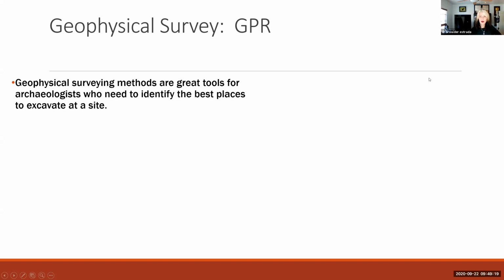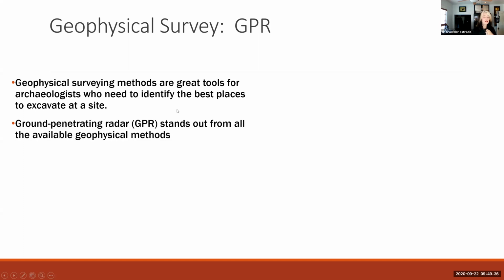Okay, GPR, that'll be our last one for today. So geophysical survey is the general term, and geophysical survey has a number of other techniques, but we're just going to really look at GPR for the most part. Geophysical survey is, again, another fantastic way to identify places to excavate.